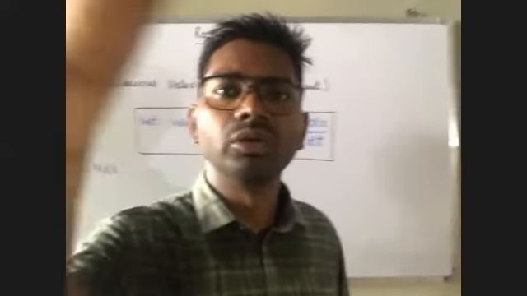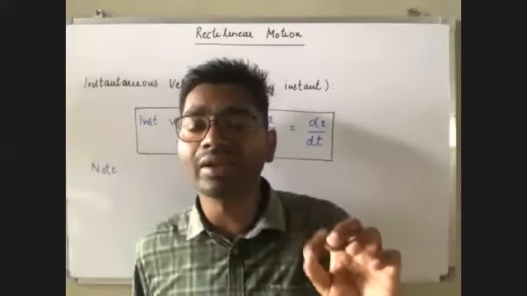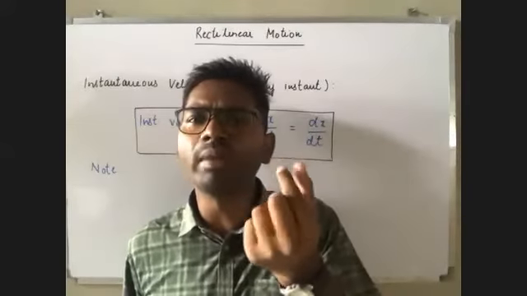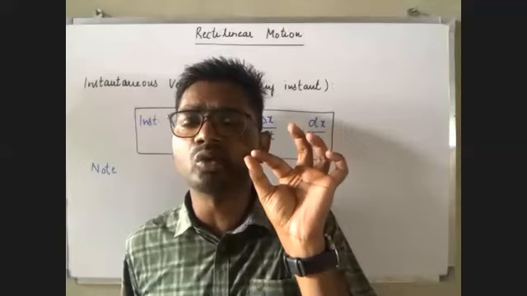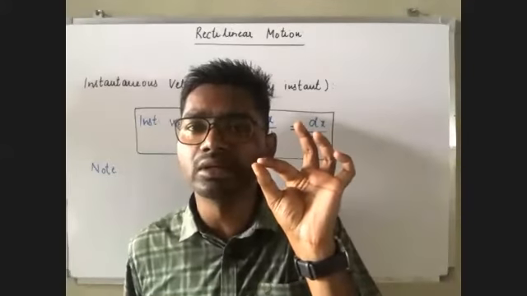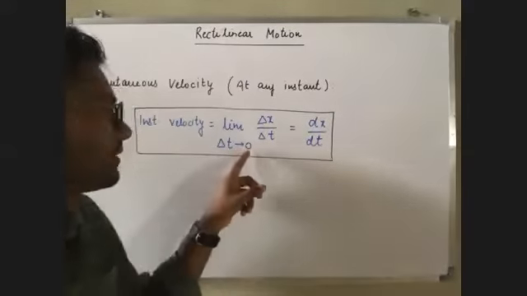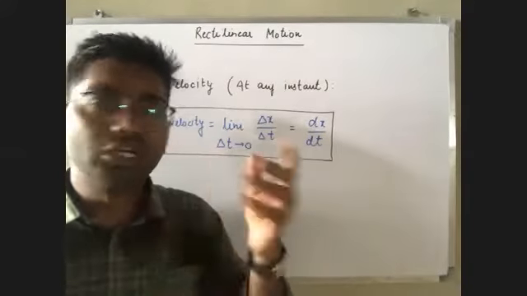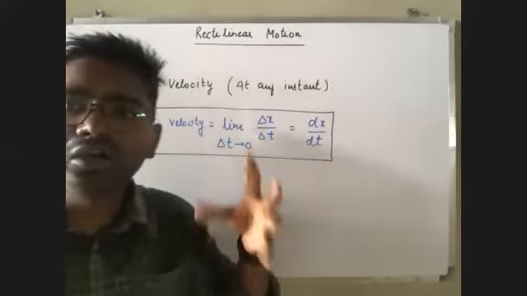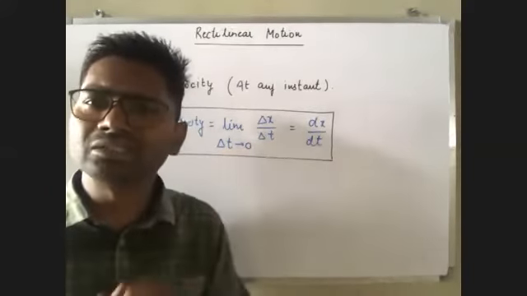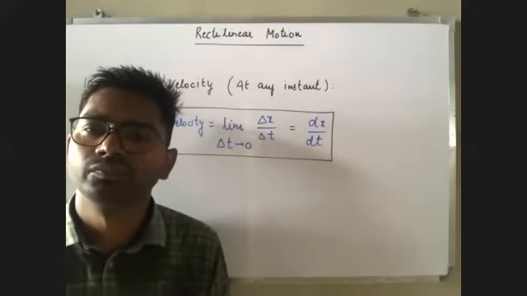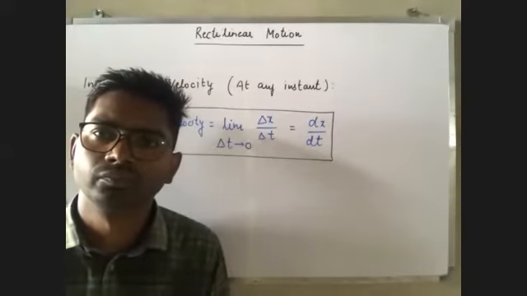Because I am talking about any moment or instant, and a moment of time is a very small quantity, a very small time interval. That's why I am making it approximately 0. Nearby 0 means very small, because we are talking about an instant or a moment. A moment is a very small time interval. Did you get it?